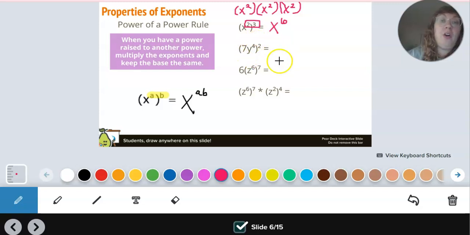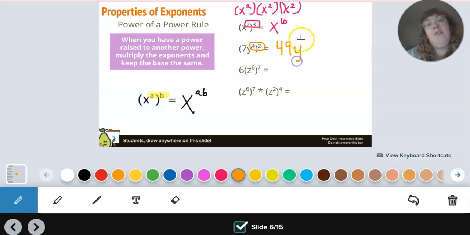Next, 7y to the 4th all squared. So we need to square the 7. 7 squared is 49. And then y to the 4th squared, well, 4 times 2 gets us 8. So it's 49 y to the 8th.